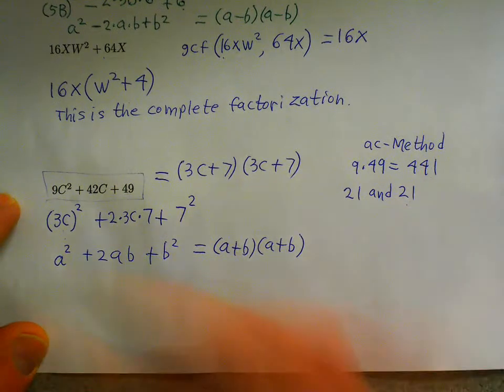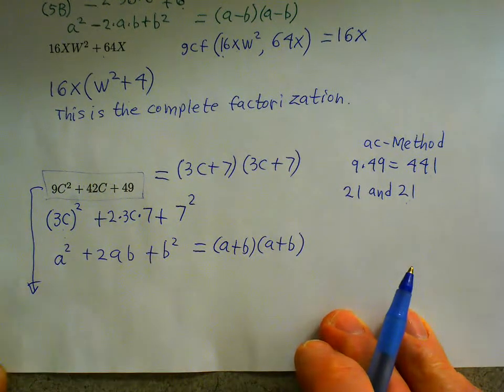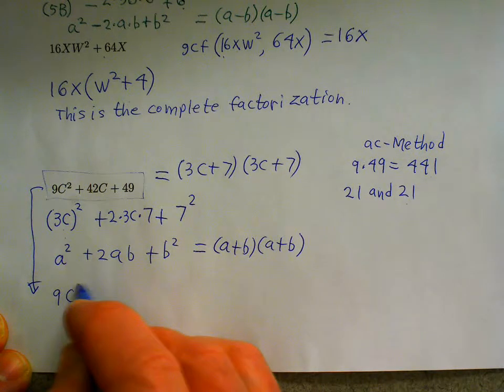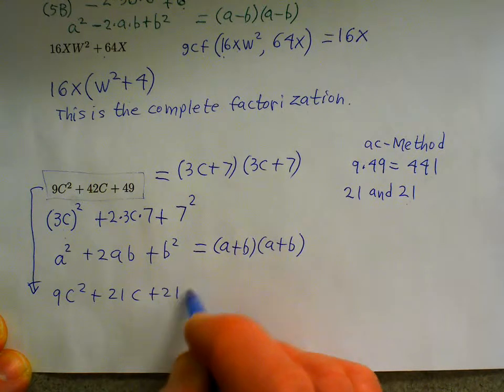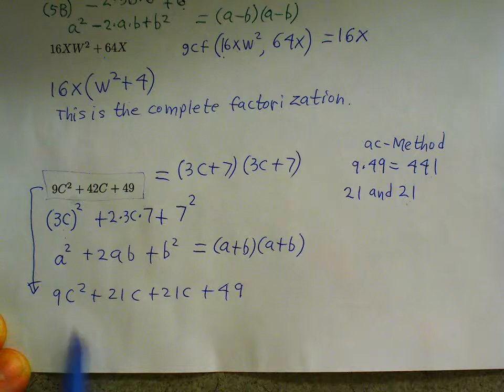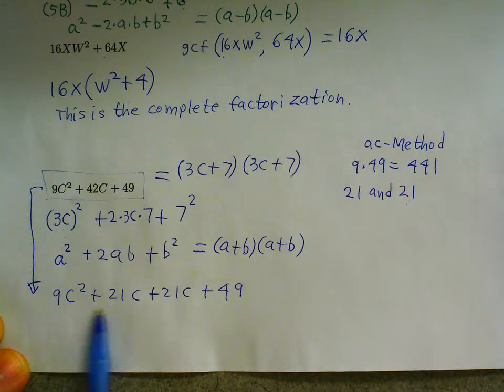Okay, so you transform the trinomial into a quadrinomial and write 9c to the second plus 21c plus 21c plus 49, and then factor by grouping. Out of the first two terms, 9c to the second plus 21c, we can factor out 3c.